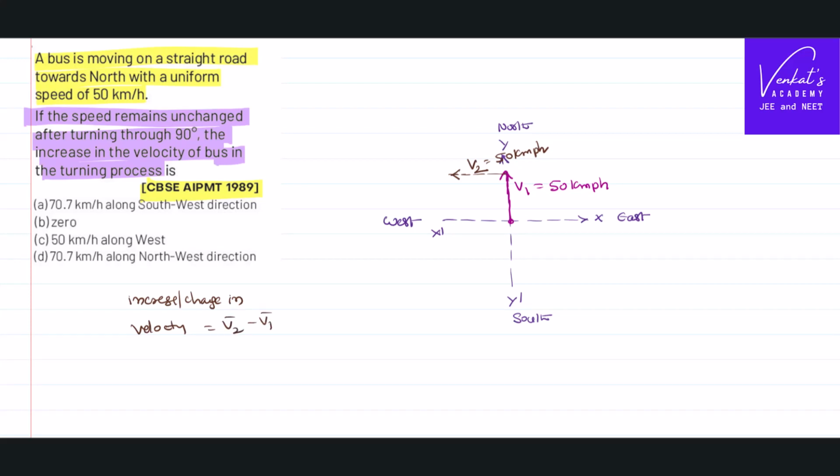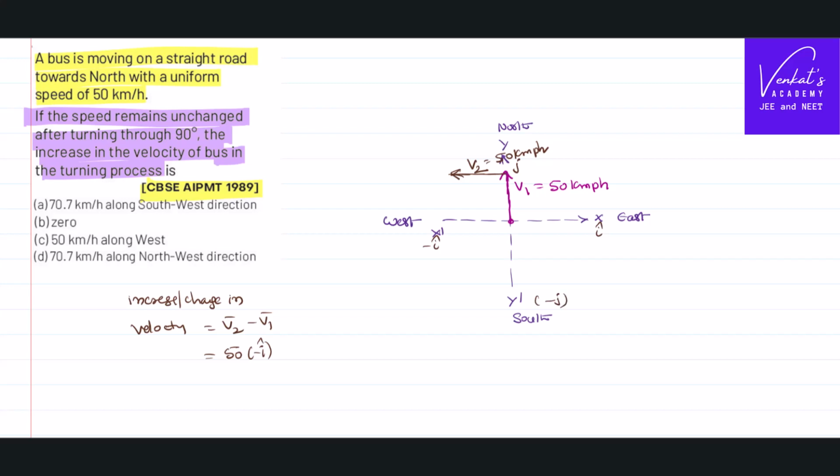I have used bars because it is given in the format of vectors. What is that V2? This one. So this could be written like 50 minus i cap. Why? The x-axis unit vector is plus i cap; sorry, negative x-axis. The y-axis unit vector is j cap, and negative y-axis is minus j cap.